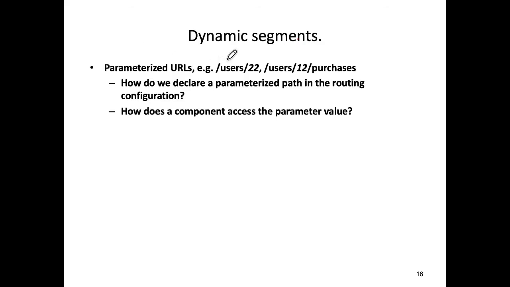So if you take the example here, supposing I've got an app and this is one of the URLs that it needs to support, but the idea is the 22 here is a parameter or a variable. Maybe in this case, it represents the user's ID. And supposing the component that mounts as a result of the browser's URL changing to this would display this particular user's profile.